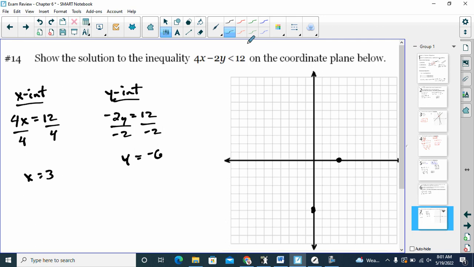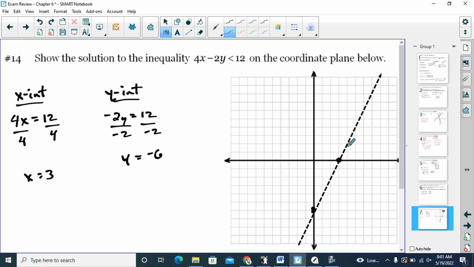So we have 2 points. 2 points is enough to draw a line. Because it's less than but not equal to, we know we have a dashed line. So we should have a dashed line that passes through those 2 points.